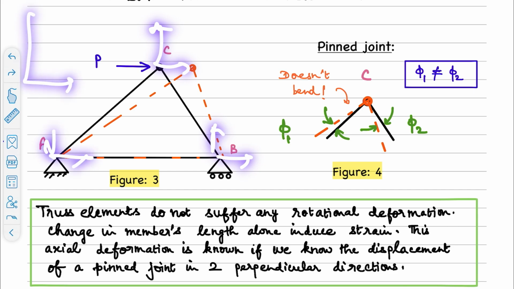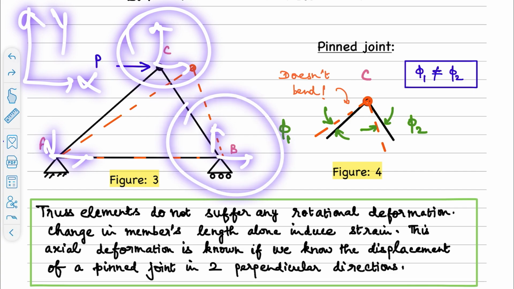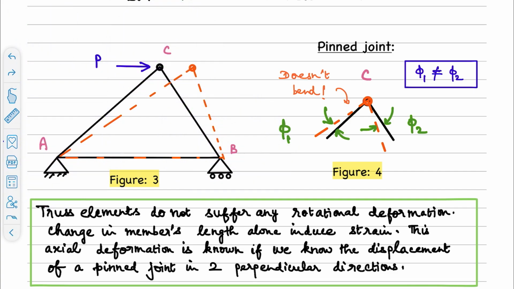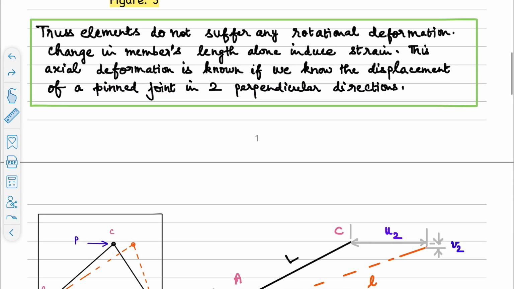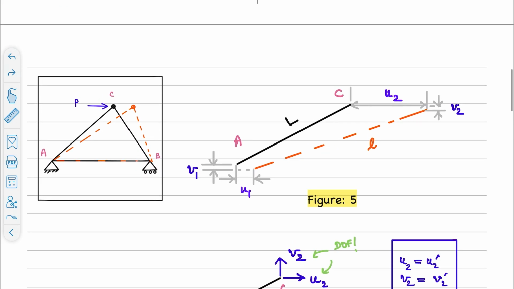If we align our global axes like this, then this plus this is what is required. So that's what I have given here. If we know the joint translation displacements in two perpendicular directions at each joint of a truss, the analysis is complete as far as the displacement method of analysis is concerned.